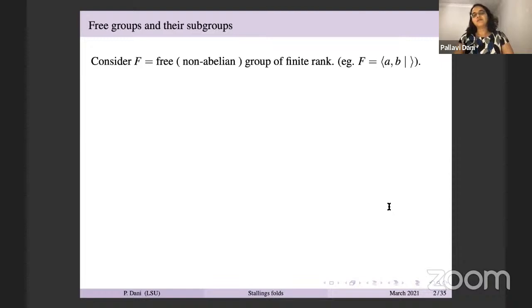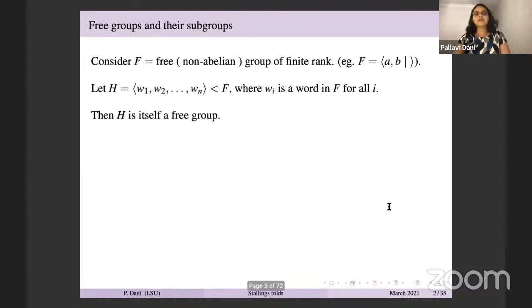And if you think about it in terms of presentations, that just means there are two generators and there are no relations. So in other words, the elements of the free group are simply words in the letters A and B and their inverses, and no non-trivial freely reduced word represents the identity element. So these are basically the simplest possible infinite non-abelian free groups that there exist.